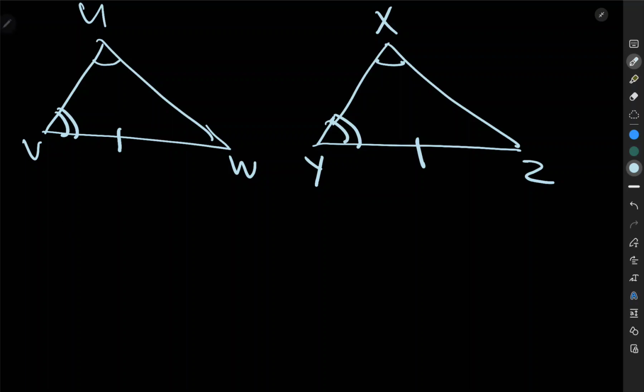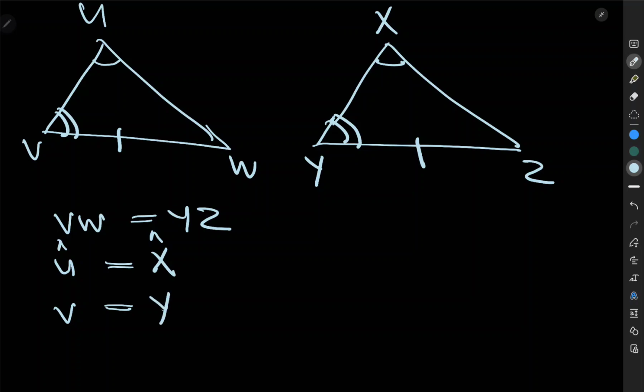Okay, so now we know that UV is equal, oh sorry, not UV, I made a mistake. We know that VW is equal to YZ. We know that angle U is equal to angle X, and we also know that angle V is equal to angle Y. Okay, so all those are given.